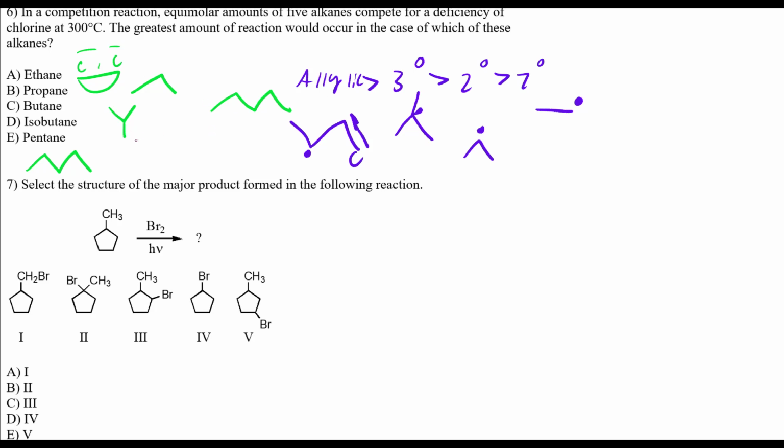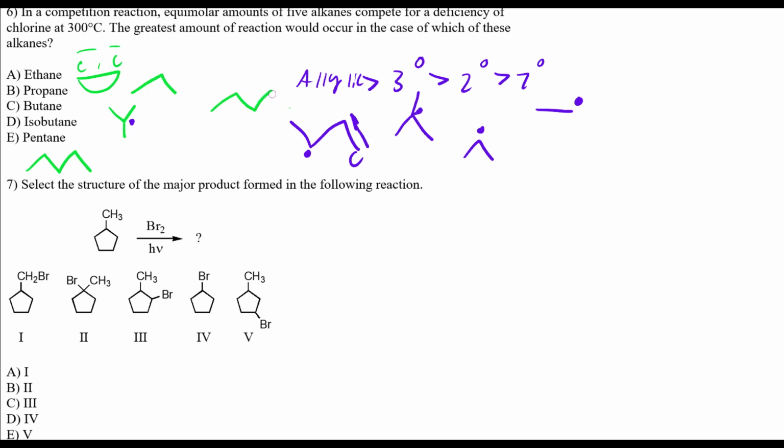What about isobutane? Well, if I put it here, I get a primary. If I put it here, I get another primary. But what if I put it on this carbon? Well, I get 1, 2, 3. I get a tertiary radical, and tertiary, according to my chart, is really good. What about pentane? Actually, it's not butane, butane's 4 carbons: 1, 2, 3, 4.